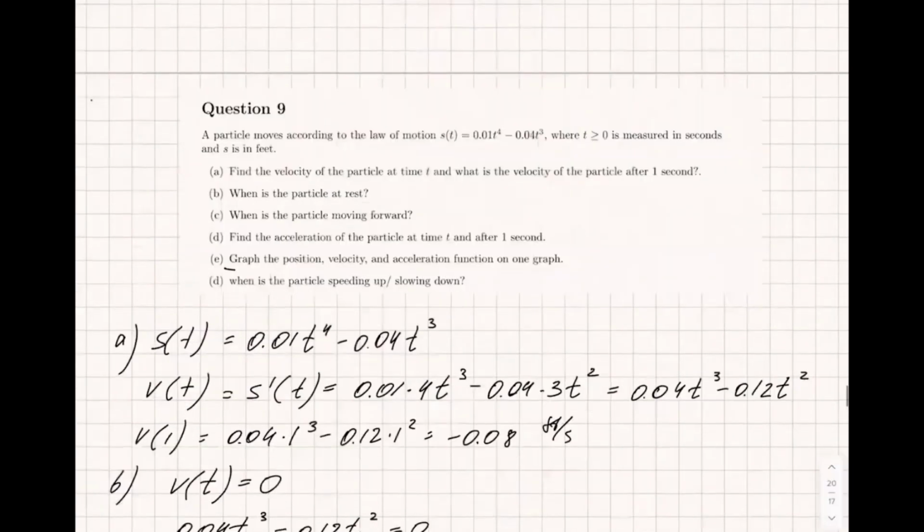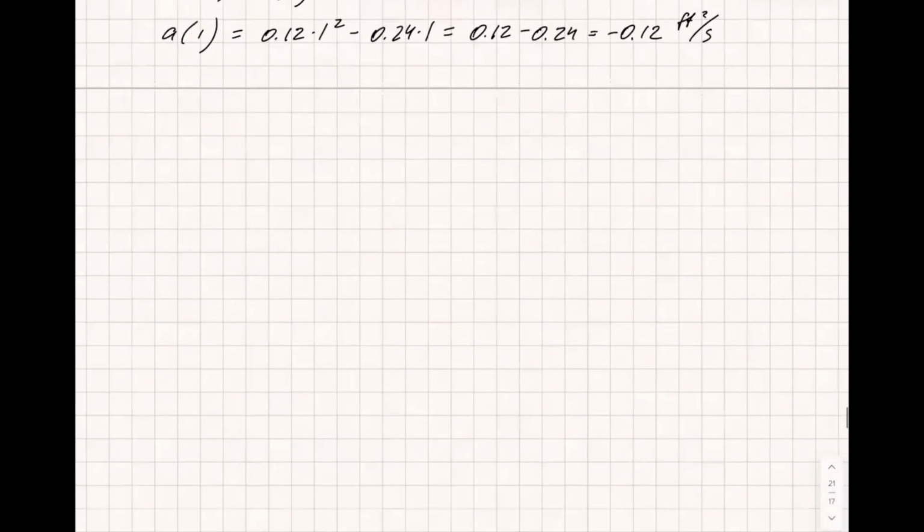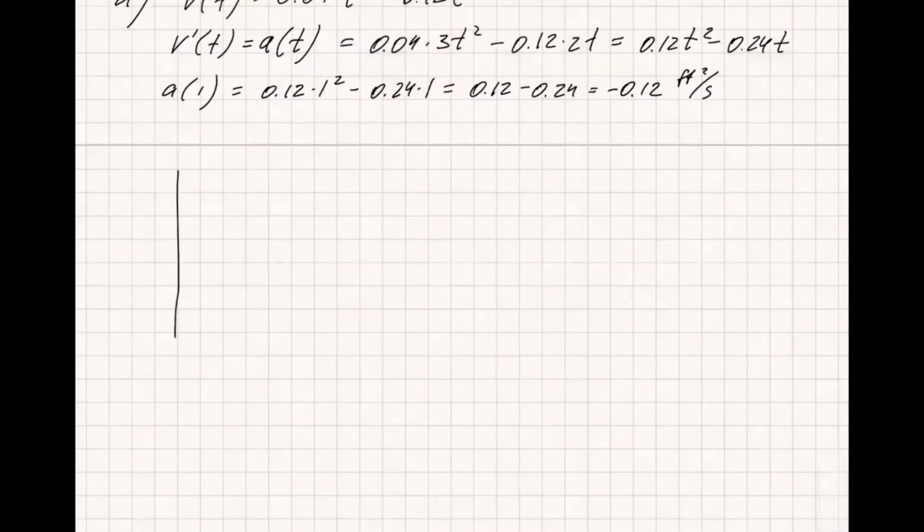Now part E, graph the position, velocity, and acceleration function on one graph for the first 5 seconds. You will technically see that it goes to infinity after 4 seconds, but let's do it for the first 4 seconds so that we have at least some kind of grid. Okay, so let me do kind of a small graph here.